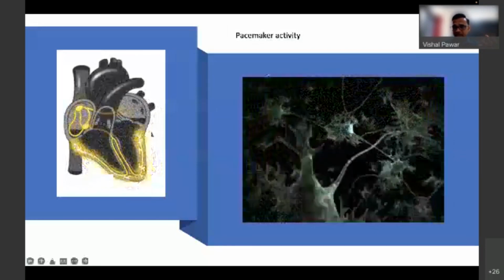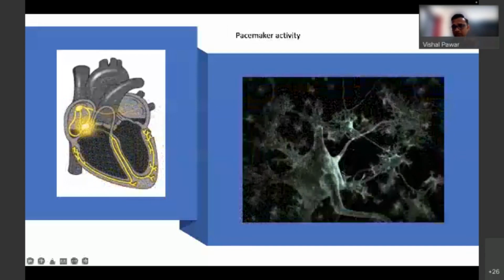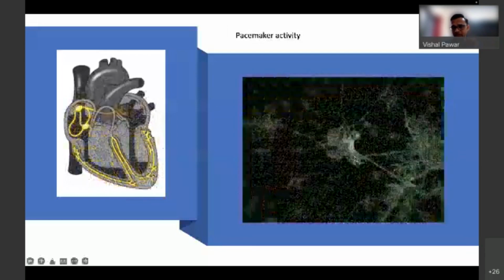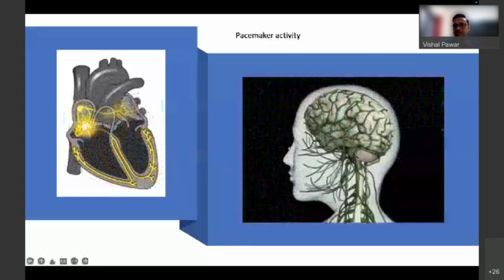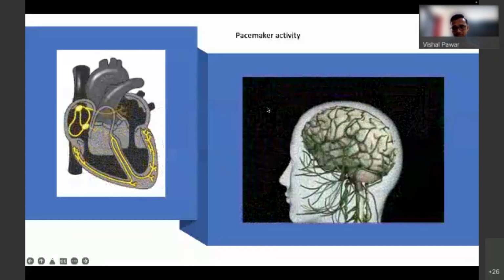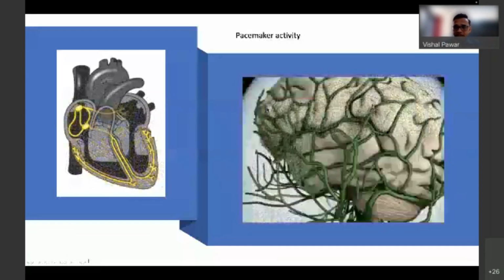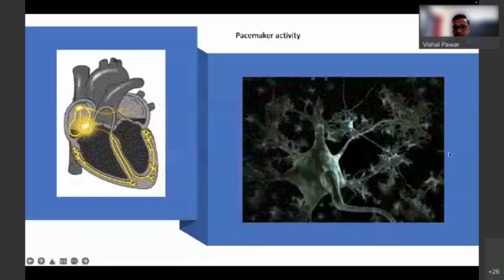But at the same time, the same thing applies to balance. Continuously, there is electrical activity going on in the brainstem nuclei, that is vestibular nuclei and vestibular connections, and there is a baseline vestibular tone which helps in maintaining the balance even in the steady state.